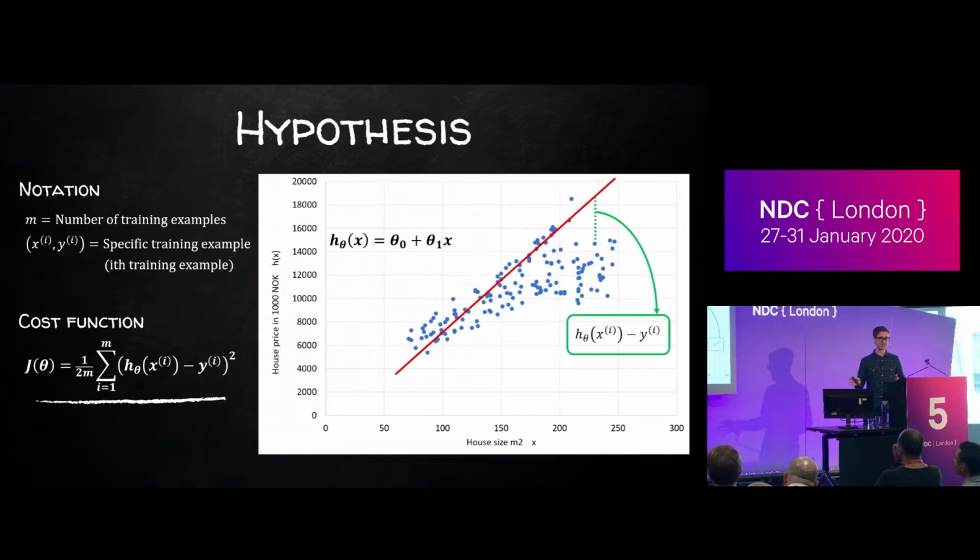I'm not going into details of why the cost function is like it is. But one important thing to know is that if we minimize the cost function, then we get the best possible values for theta. So again, to get our machine learning model, we want to find the theta values, and to do that, we need to minimize the cost function.